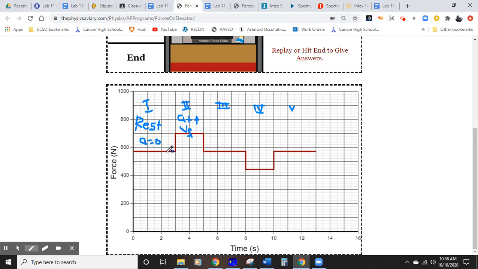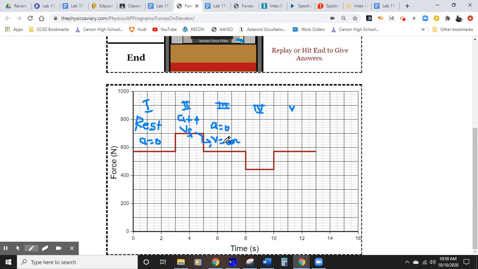It's at the same level here, so the acceleration is 0, no acceleration, and we're moving with constant motion. So velocity here is going to be constant. We'll write down C, constant. In fact, whatever this velocity was here is going to be this velocity here.